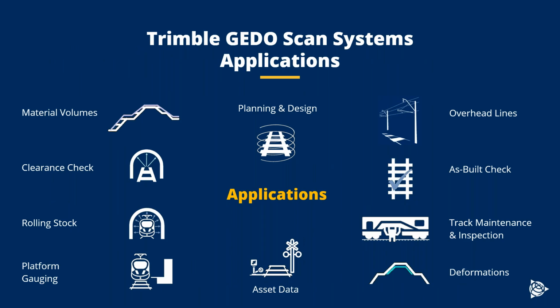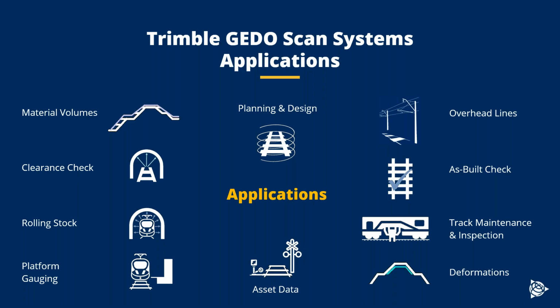So to summarize all the applications, as I mentioned, those 4 groups. The most important thing is probably the clearance check. It's either the structural clearance check or the rolling stock clearance check. It can be, as I mentioned, in the pre-design or design phase, or during the construction or during maintenance. So it's a highly used, highly spread application, I would say.